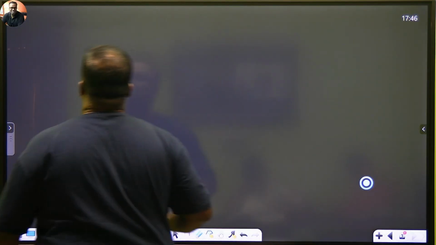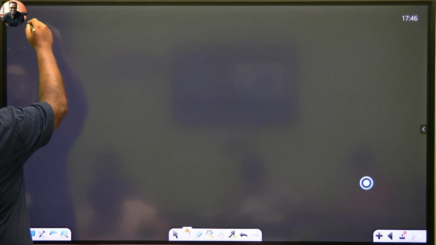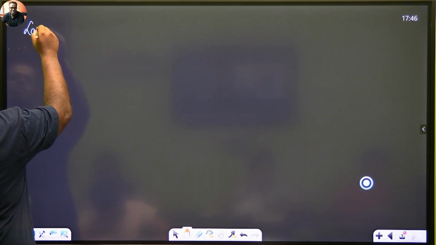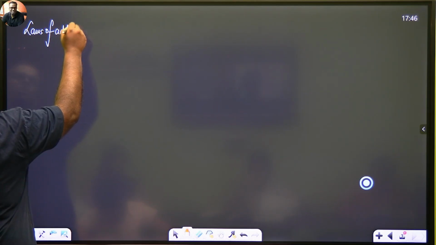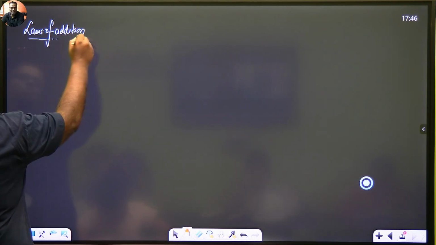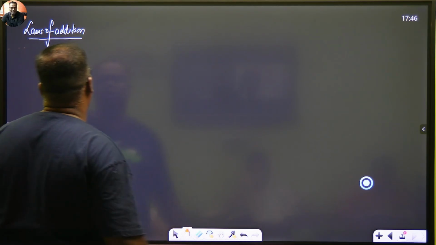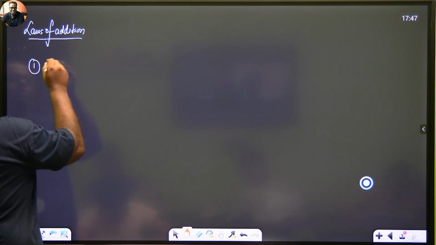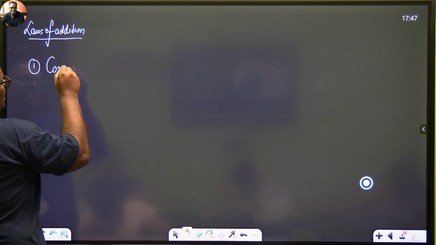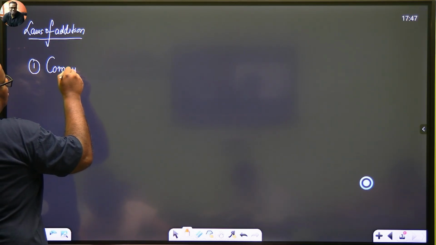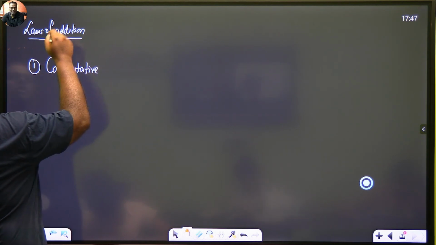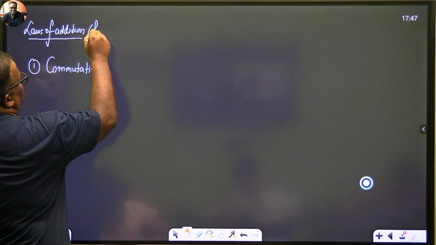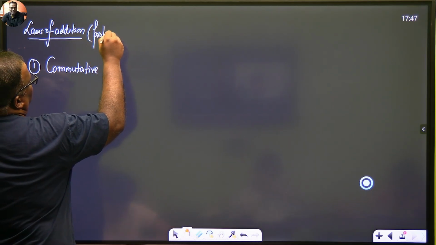The first, there are some the laws of addition. Laws of addition, and not only addition, this is applicable for subtraction, means also in the additive format. Okay, number 1, commutative law. This you will study maybe till grade 10 also. Commutative, or laws, or you can say the properties, rather we say. Properties is the better word.